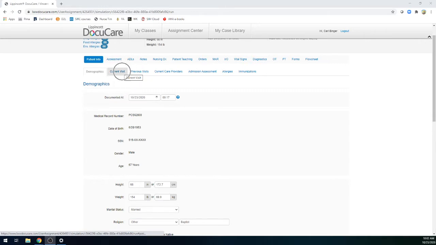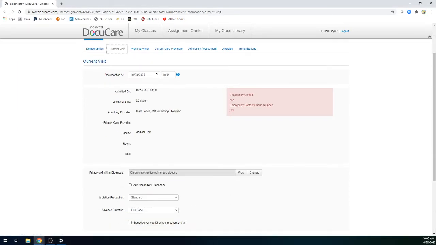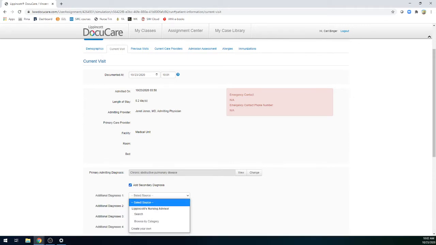Now we're going to go to current visit. Are there things that we can add here? Yes, there are. I know it has a primary admitting diagnosis, but if you look here, add a secondary diagnosis. We could do that in this case, because what other diagnoses would he have? You can add this through your Lippincott Nursing Advisor.